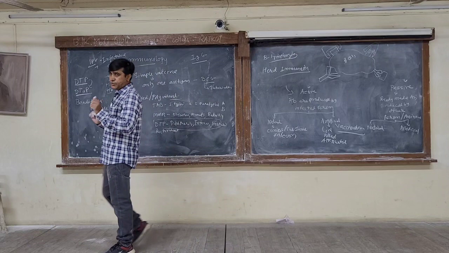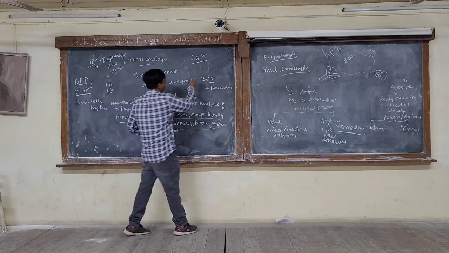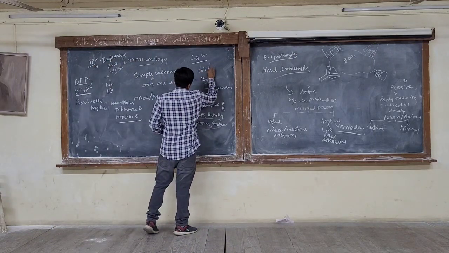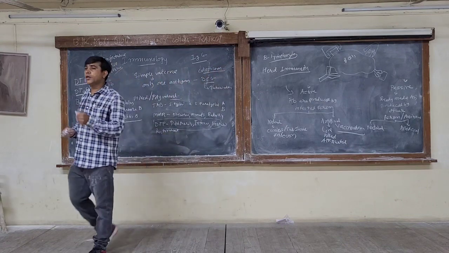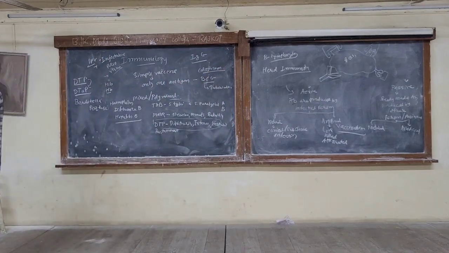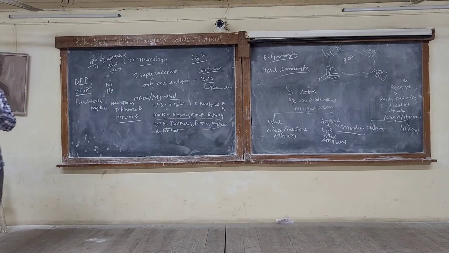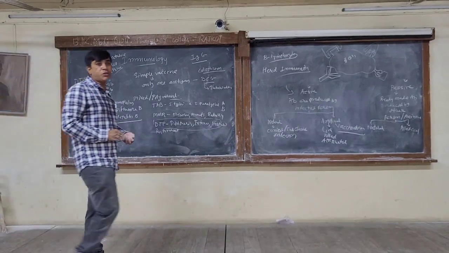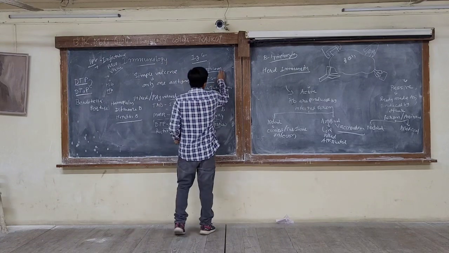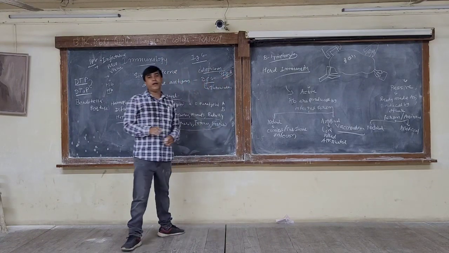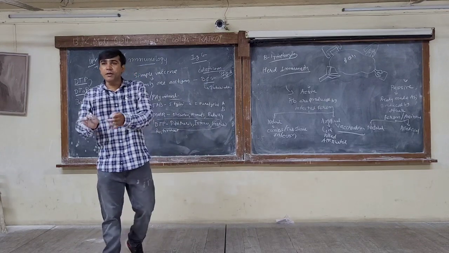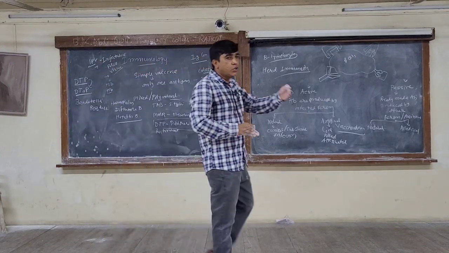So this is first, and second is the colostrum. Colostrum, that is a yellow color fluid which is present in the breast milk. It is secreted along with the breast milk. It is rich with the IgA, immunoglobulin A. And that is why during breastfeeding, the mother imparts these IgA molecules to the kid.